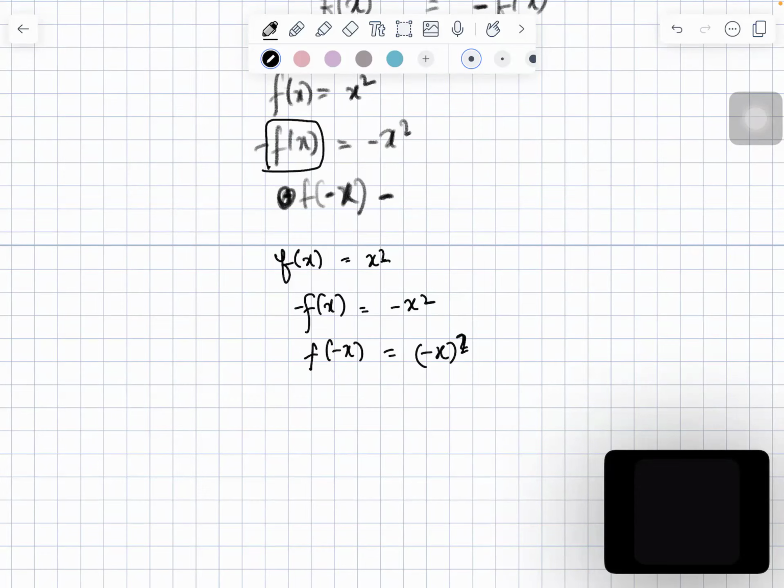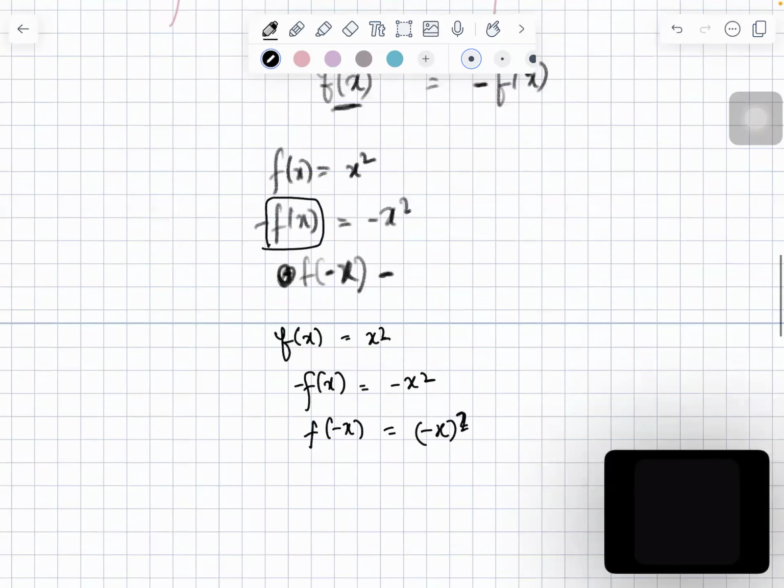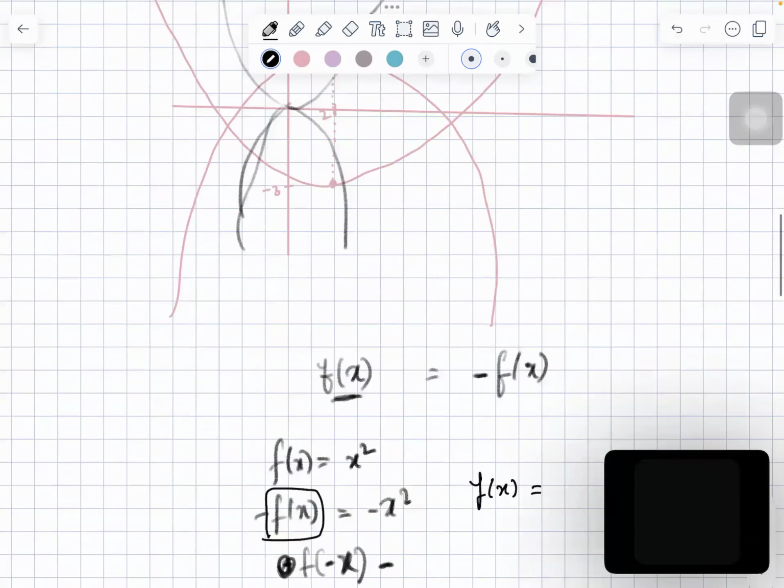You can't reflect it in the y-axis then? No. If it is f of x, it will mostly be reflected in the x-axis. There are some extreme cases which I can tell you later on, and only in those cases you'll reflect it on the y-axis, but majorly it's always going to be the x-axis. It will never reflect in the y-axis usually.